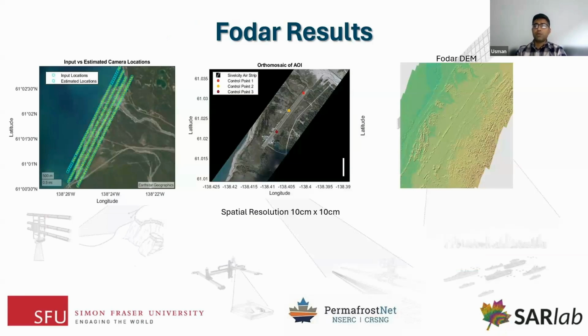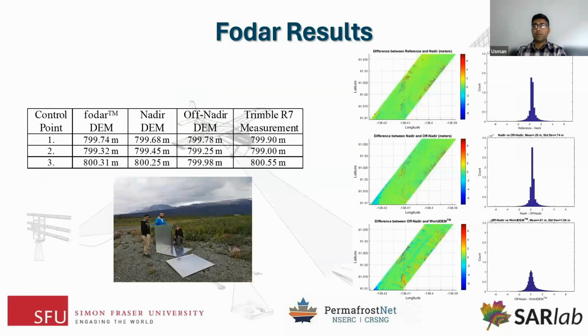By virtue of operating the radar, we also installed corner reflectors on the ground and surveyed them, so we took that opportunity to use the surveyed corner reflectors as ground control points. Then we assessed the performance of our system against those surveyed points.